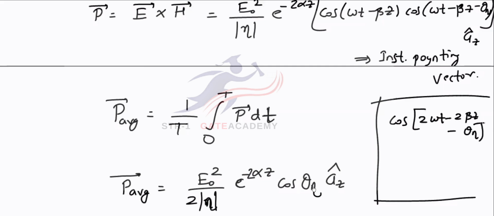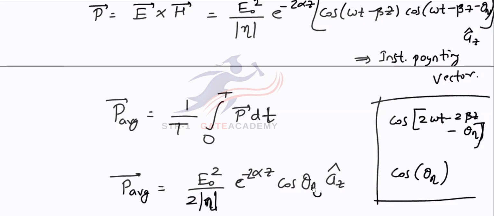The second term is cos(A minus B), which gives cos of theta eta. When you integrate over a period, the average value of the cosine term is 0, so it gives nothing. But the second term is a constant, not time dependent, so it does not give a zero result, and hence you get this term in the average power. In this way we have got the expression for average power.